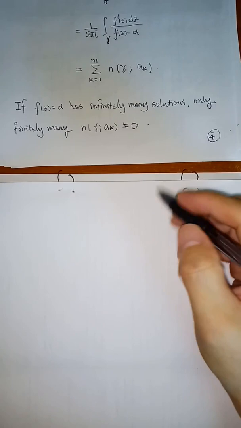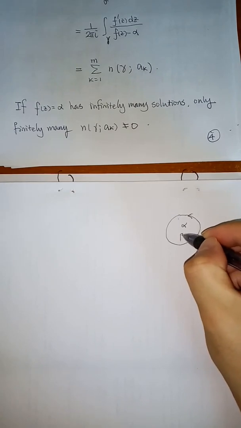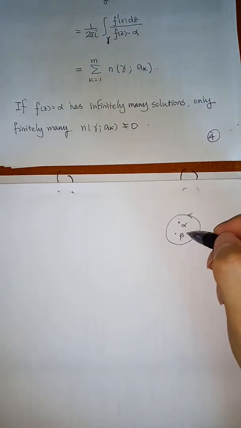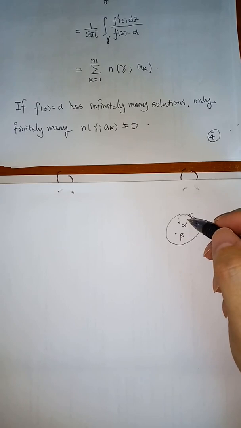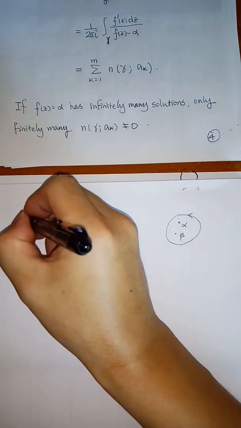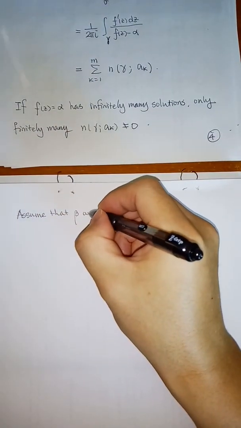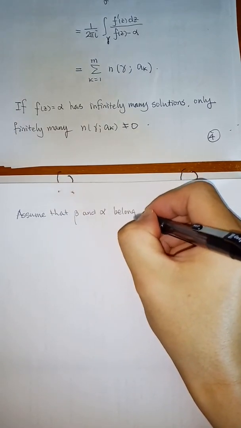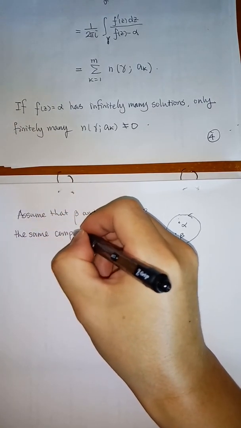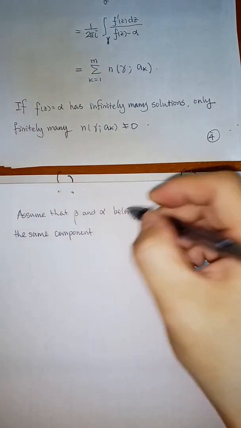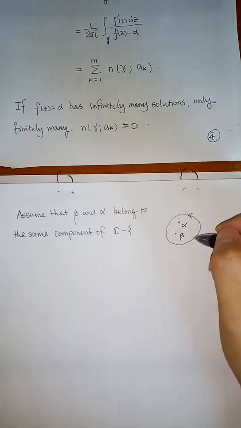Then let's check. When you have this alpha, and this curve divides the complex plane into several connected components, assume that beta and alpha belong to the same component of the complex plane, but without this sigma.